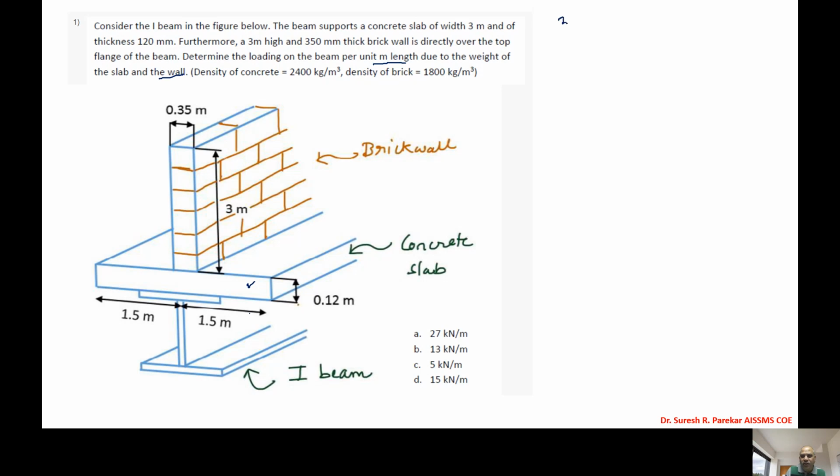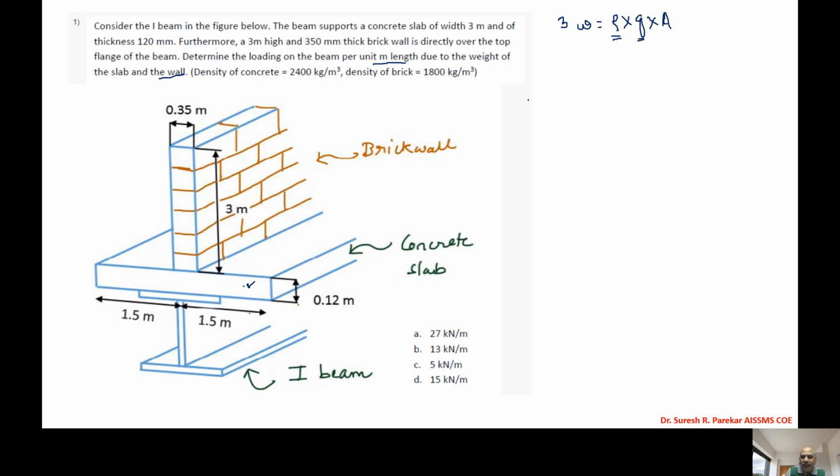So we have 3 dimensions. Now if I talk about the slab, we have 3 meter by 0.12 meter and we have length along this. When I find the unit weight, it will be rho into g into A, because rho is given. Otherwise we have W into A, which is weight density. Now mass density is given, so we have to multiply by g.